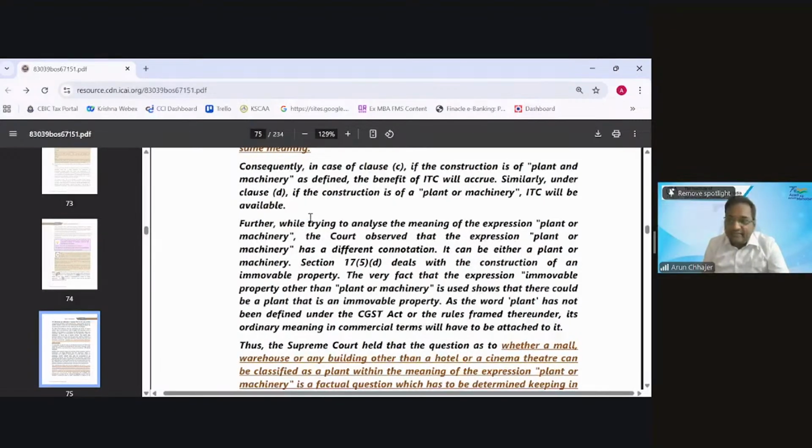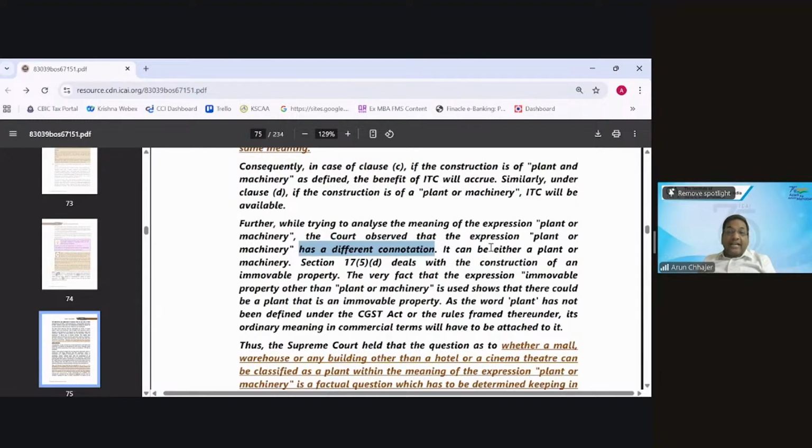We'll discuss the entire discussion. As a result, in case of clause C, if the construction is of the plant and machinery, as defined, the benefit of the ITC will accrue. Similarly, under clause D, if it is plant or machinery, then ITC will be allowed. While trying to analyze plant or machinery, the court observed that the expression or machinery has a different connotation.